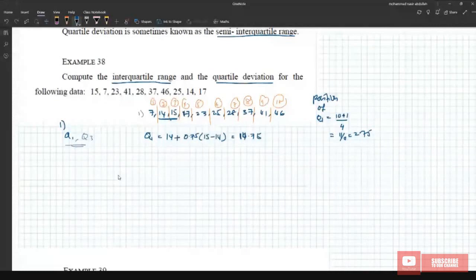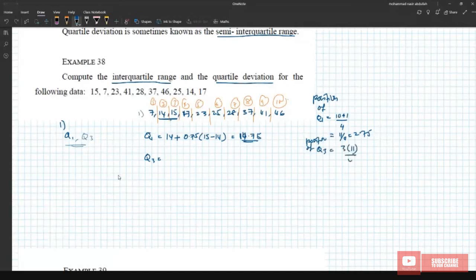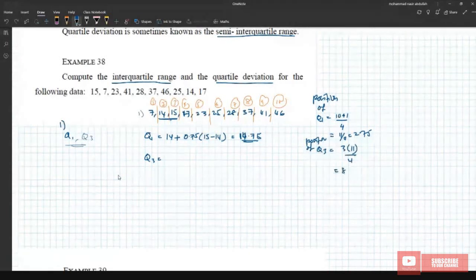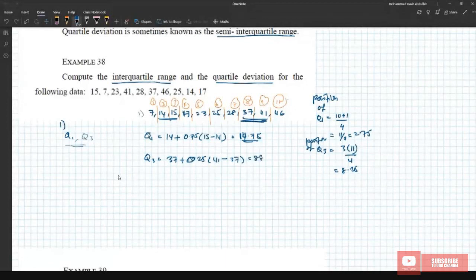Right. So for quartile number 3, the position of quartile number 3 is 3 multiplied by 11 divided by 4, which is equal to 8.25. So 8.25 is between 37 and 41. So 37 plus 0.25 multiplied by (41 minus 37), which is equal to 38.